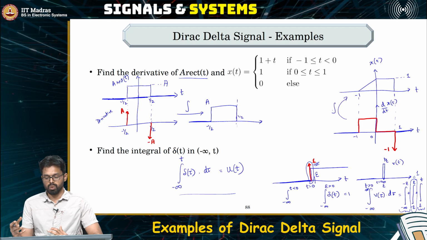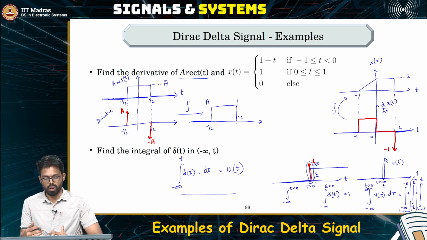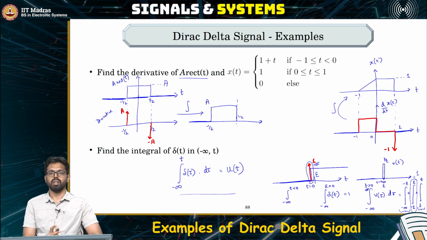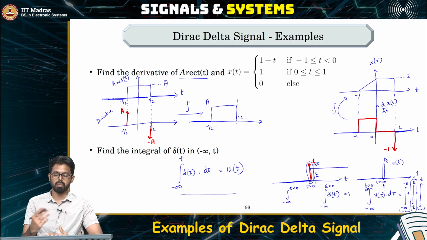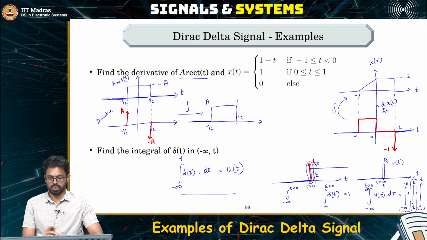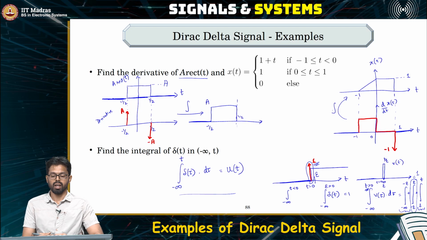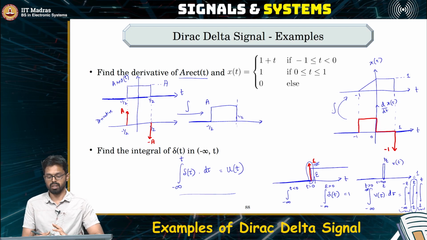So this way we now know how to take the derivatives of sudden jumps, which will give us Dirac delta functions, and how to integrate these Dirac delta functions to get back our original functions. So this gives us a very nice model of how to work with spikes in real life and how you can actually get the real signal back.